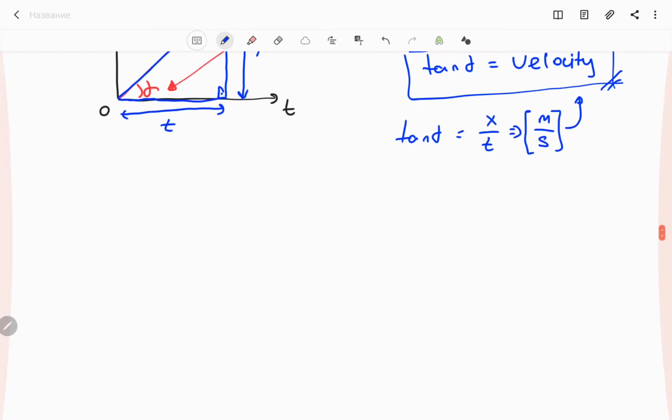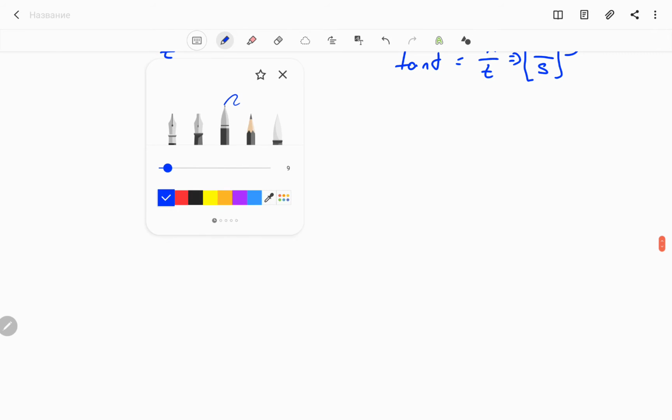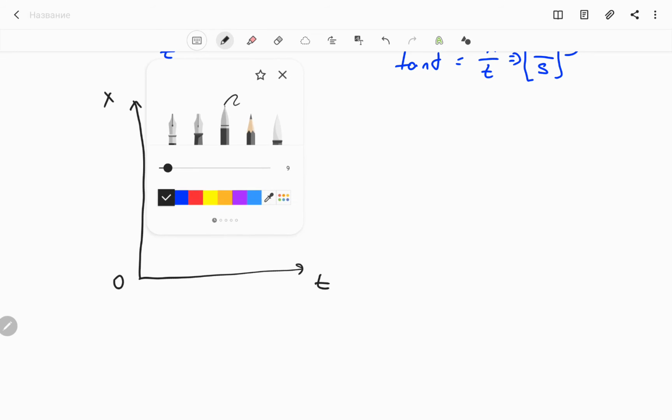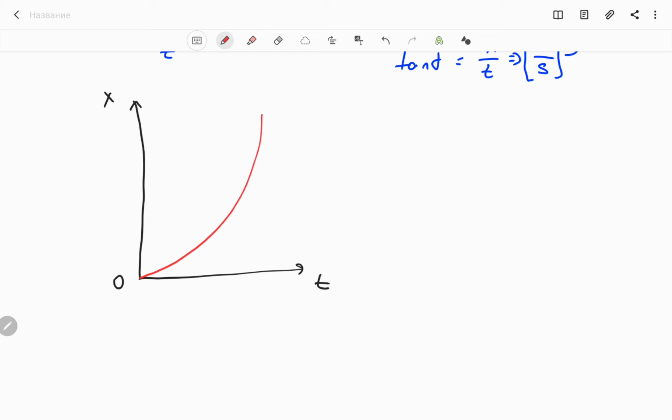Now we know that tangent alpha, or slope, equals velocity. So again, let's draw a position time graph, and let's say we have this kind of graph. What can we say about alpha? This alpha is always increasing.